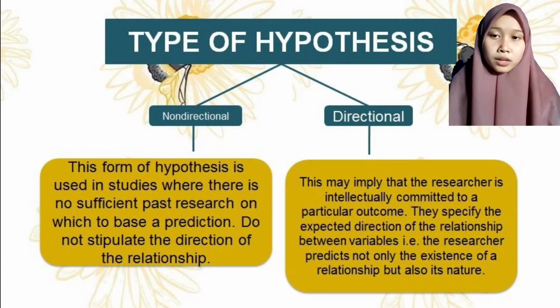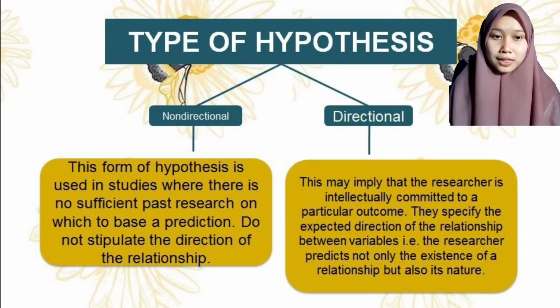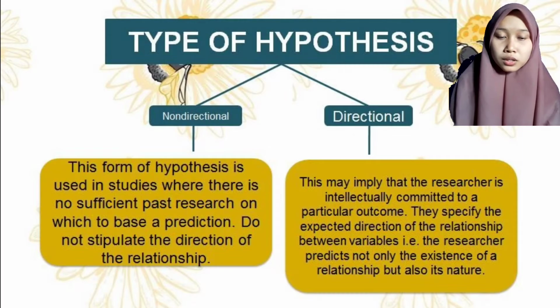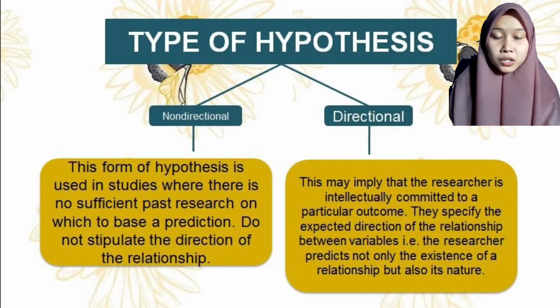This form of hypothesis is used in studies where there is not sufficient past research on which to base a prediction, so it does not stipulate the direction of the relationship. Continuing with the same example, a non-directional hypothesis would read: the academic performance of high school students is related to their participation in extracurricular activities.